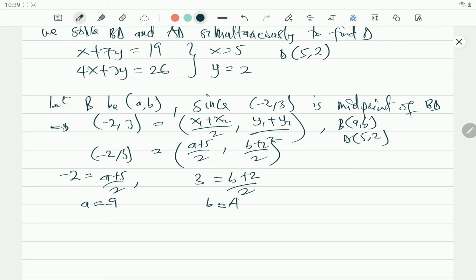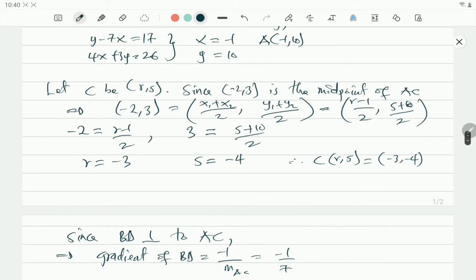So that implies the point B becomes (-9, 4).